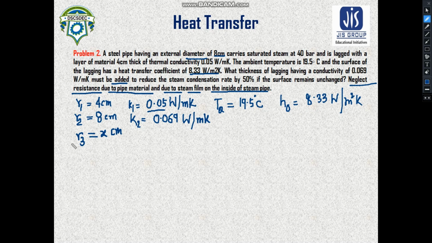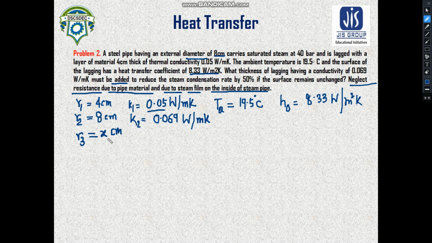Now you need to insulate it further so that the condensation rate drops by 50%. So let us assume we have taken a layer of X centimeter thick insulation so that the net condensation rate drops by 50% and the net thermal resistance becomes twofold or twice.